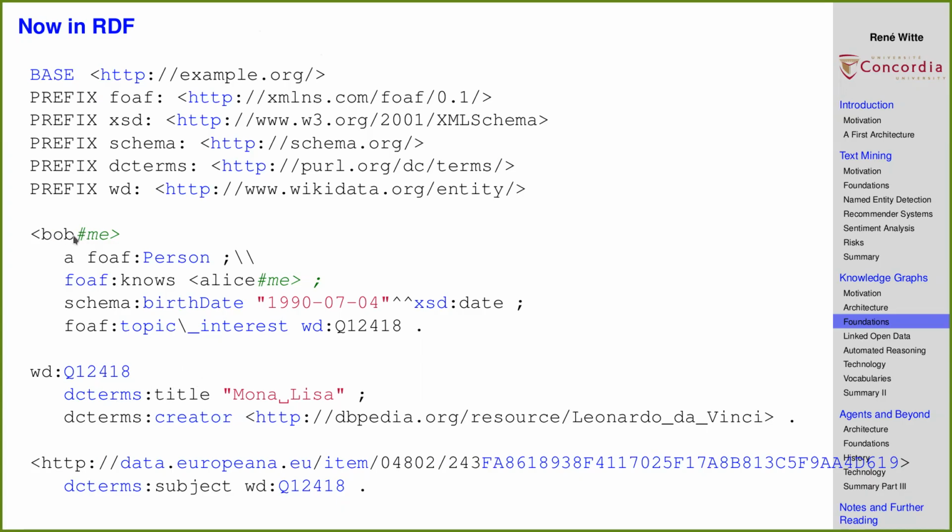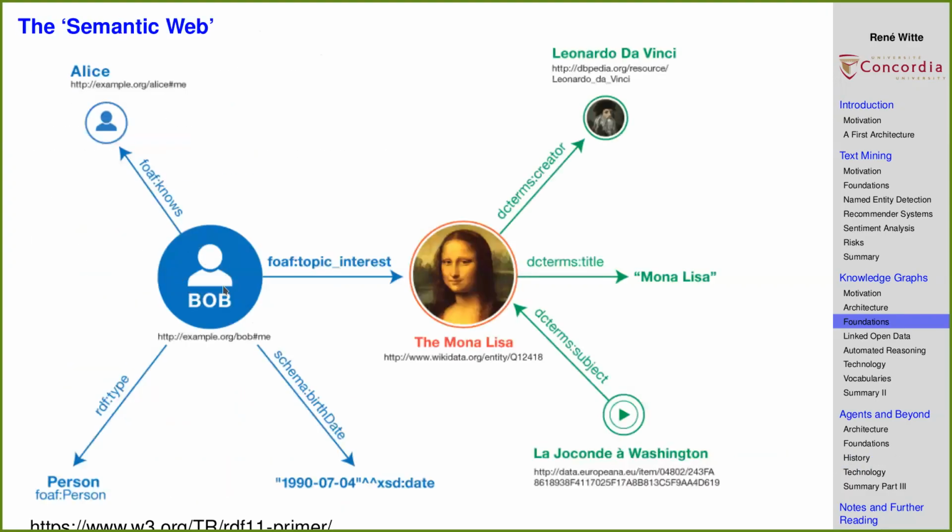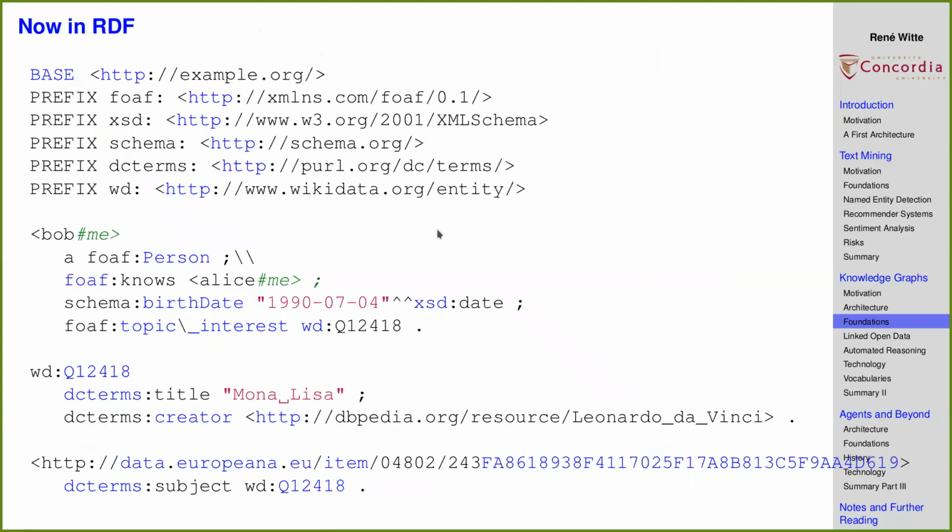For example, here we have Bob, the entity, and Bob is a person, and Bob knows Alice. So this corresponds to the node here and the relationship that Bob knows Alice. So this is what you would actually input into a program to automatically work with this knowledge in there. And then the program, the AI, can go through this knowledge, link the entities, and answer questions about it.